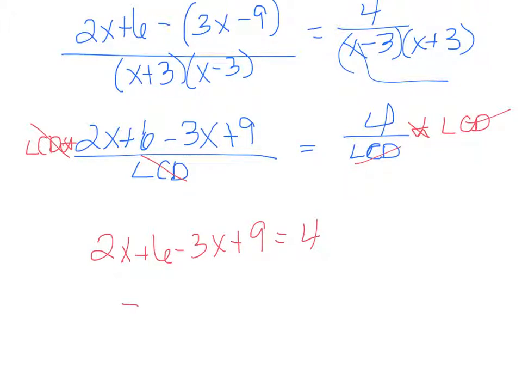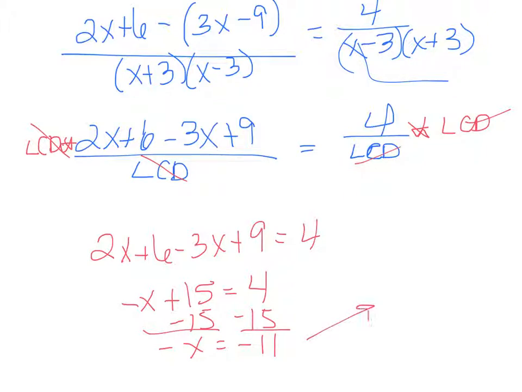Combining like terms, we'd have negative x plus 15 equals 4. Subtract 15 from each side. Negative x is equal to negative 11. If you divide each side or multiply each side by negative 1, we'd get x equals 11.